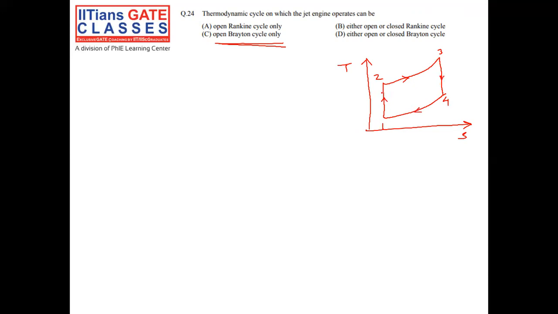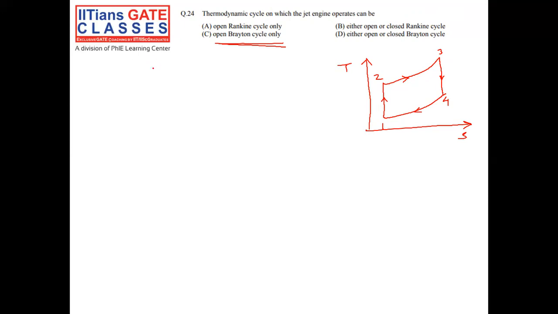So 1 to 2 denotes the compression, which takes place in a compressor primarily. 2 to 3 is the combustion chamber, 3 to 4 is the turbine where the flow expands, and then 4 to 1 is the exhaust nozzle where the flow is exhausted in atmosphere.